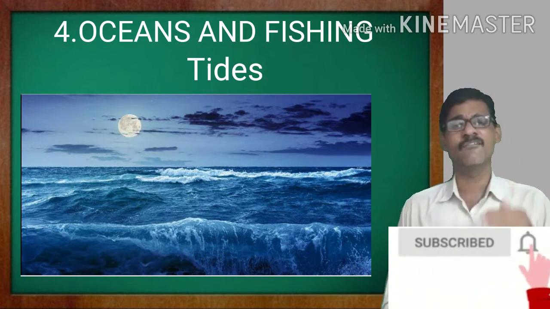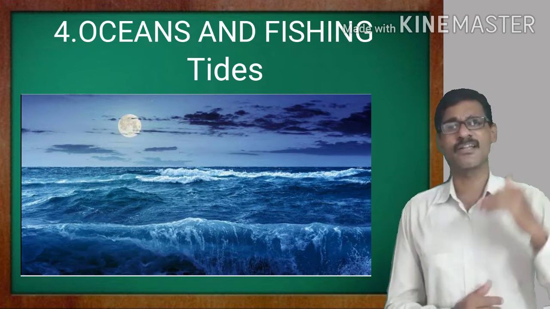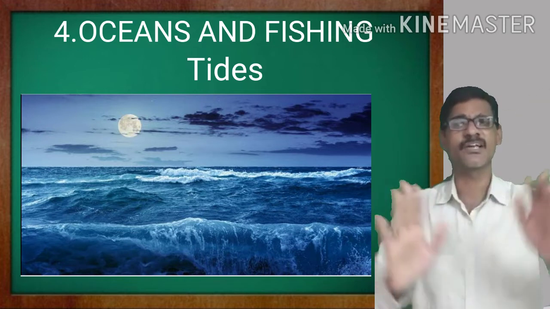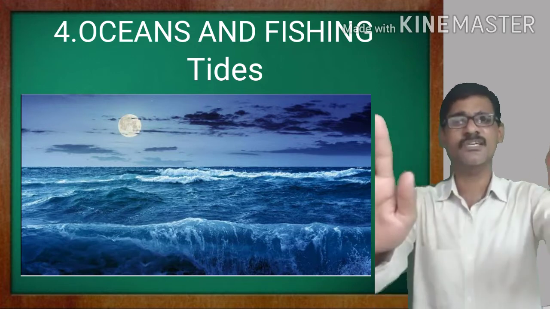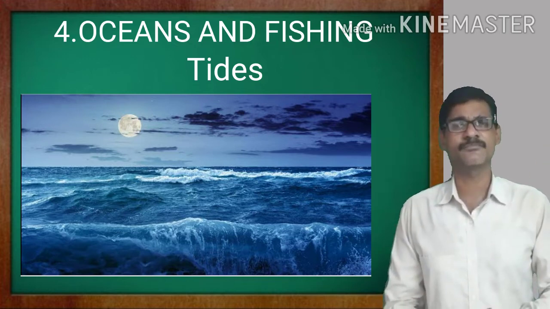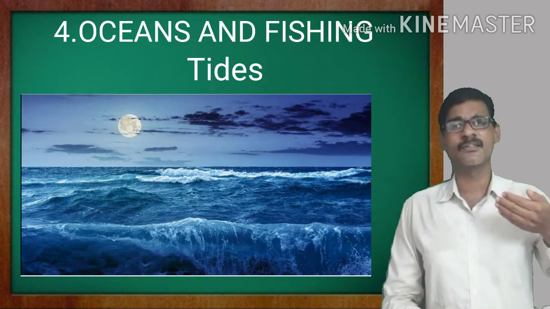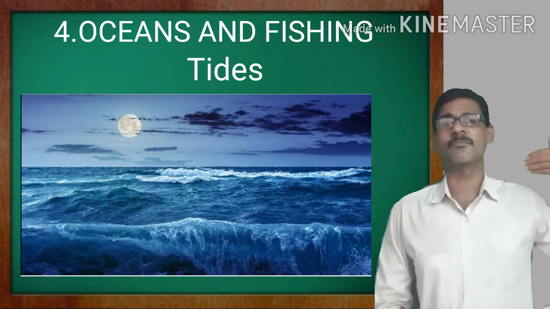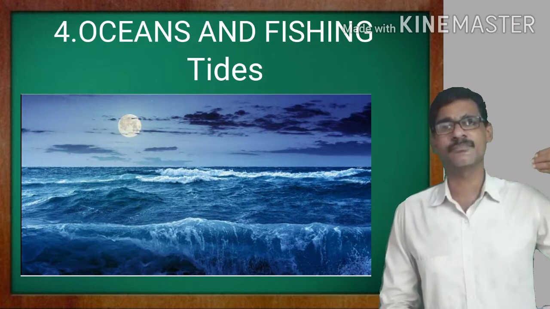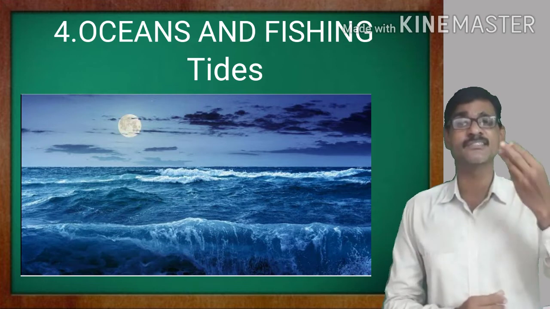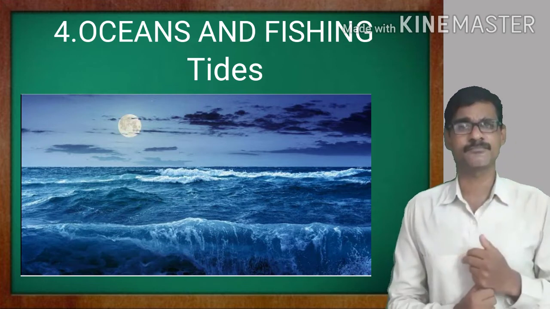When the water level is high, it occupies more coastal area. The water comes towards the coastal area. And when there is a fall, the water goes back, reversed. So the coastal areas experience these tides.